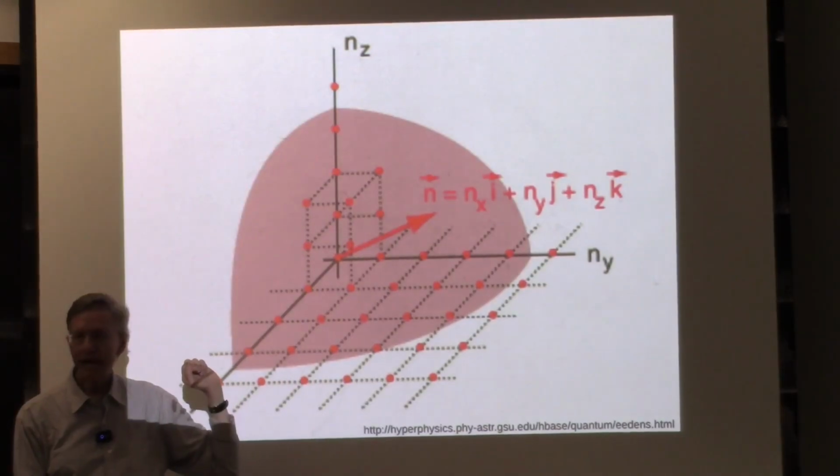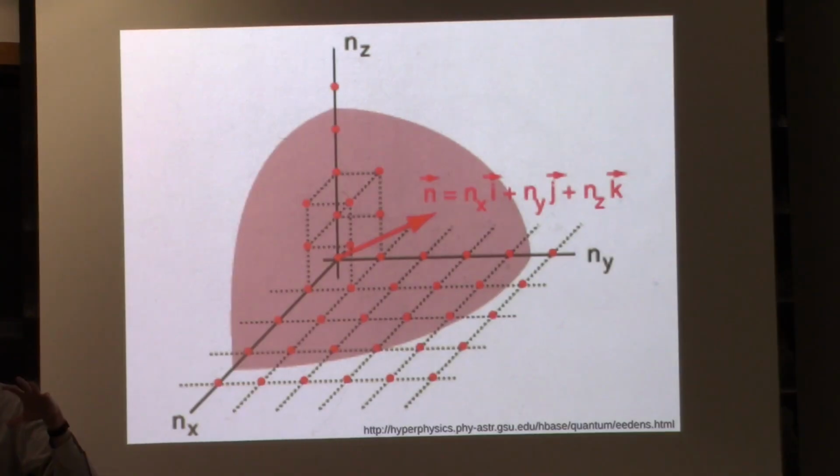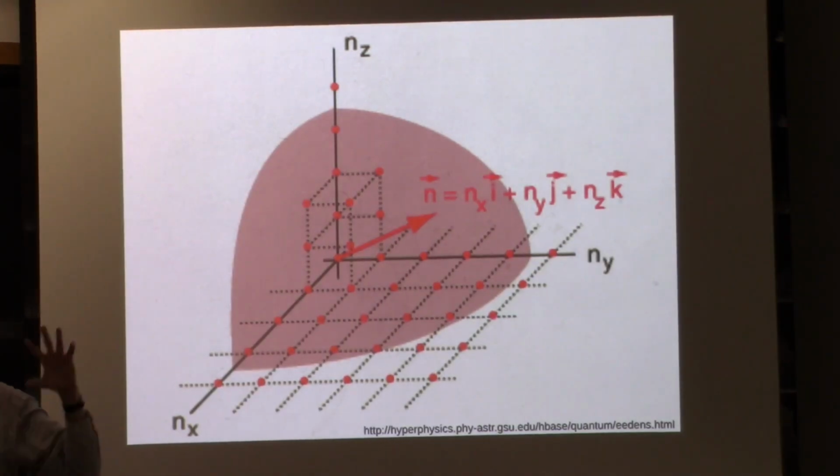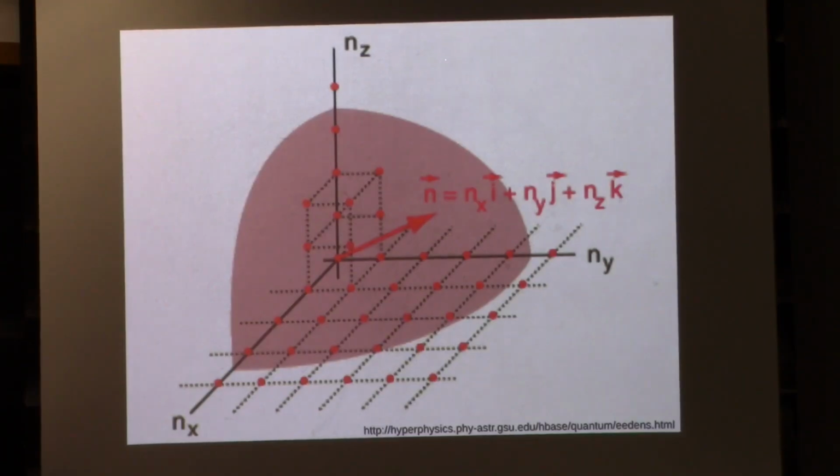And so we would think of, like in our cubical box here, the problem we're really solving here, every electron is spread throughout the whole box, right? Because this wave function is spread throughout the whole box. There's just places where the wave function is large, the particle is more likely to be found. Where the wave function is small, the particle is less likely to be found. But it's just this spread out wave function that fills the entire box.